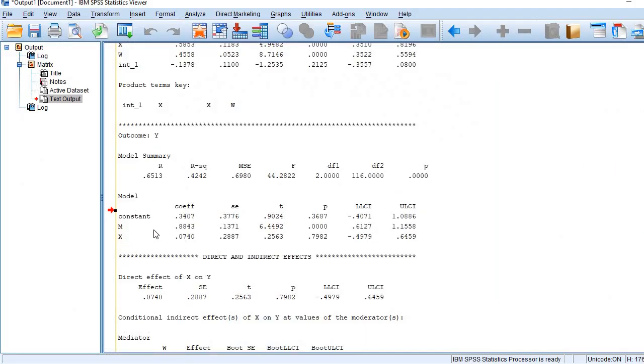M is a significant predictor of y, whereas x is no longer a significant predictor of y. So if you recall earlier, we said that with the inclusion of m, if x is no longer significant, then there is full mediation.